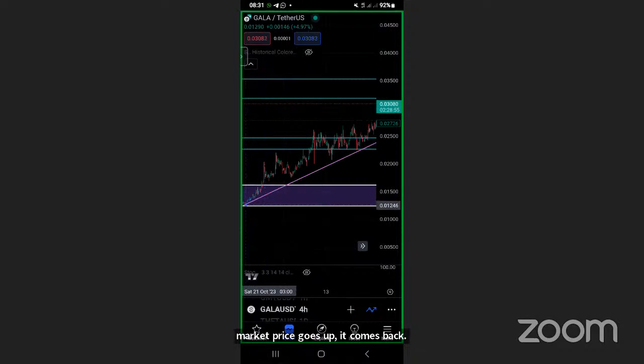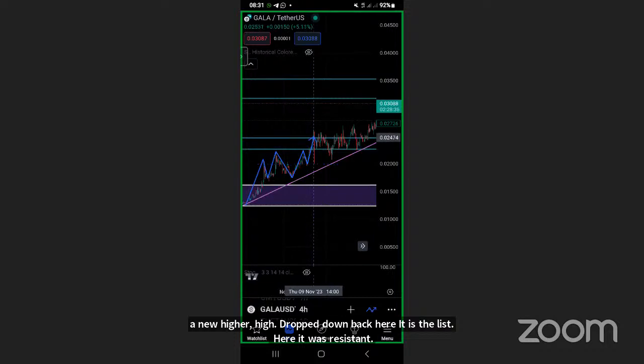Like here, the build-up was like this. It came slightly here, then it built up there and established a new higher high, then it dropped back here. It was resisted here, it did not go through at once, but finally it got through.